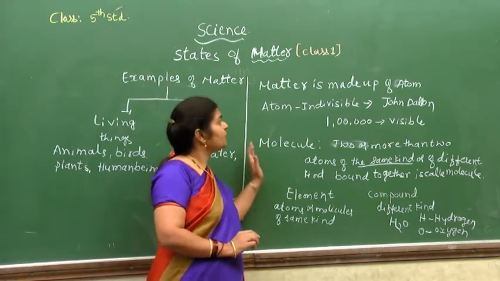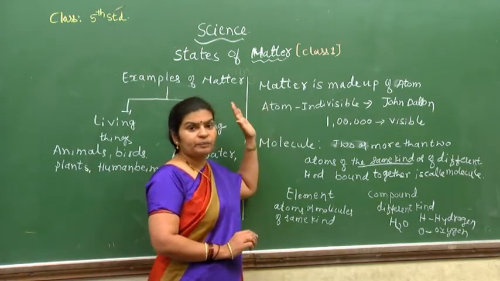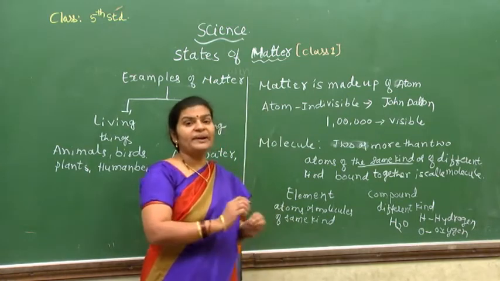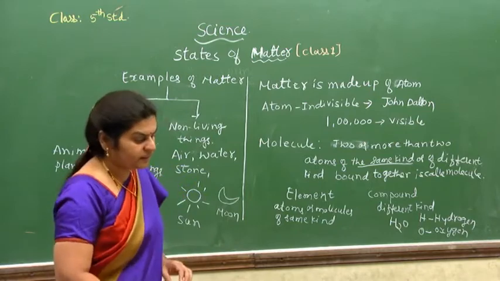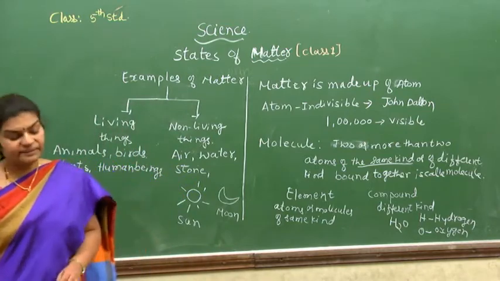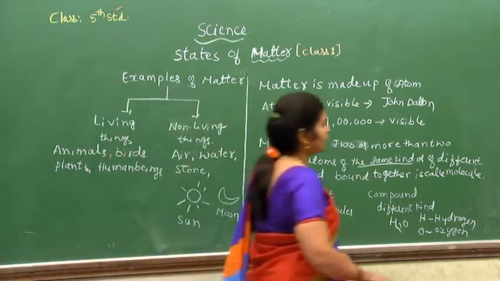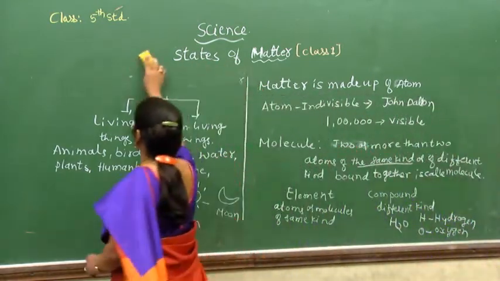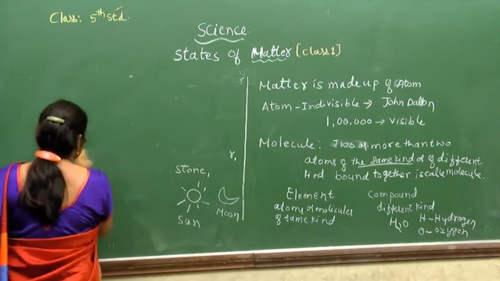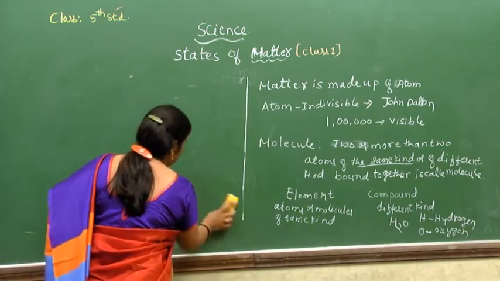In that way, we consider matter. Then the next thing, we have to go for the definition of matter. So now we have to consider what is matter. To consider what is matter, we have to write the definition of matter.